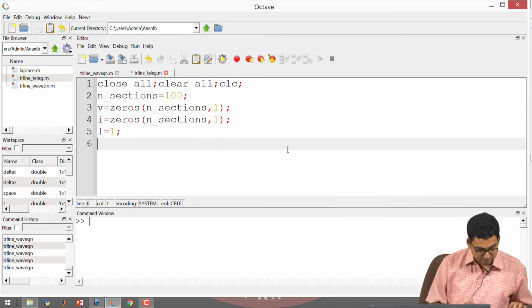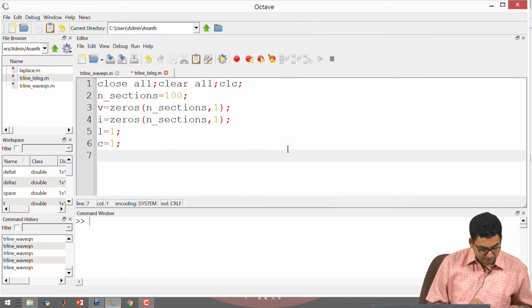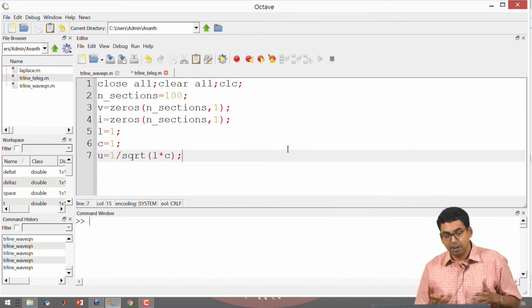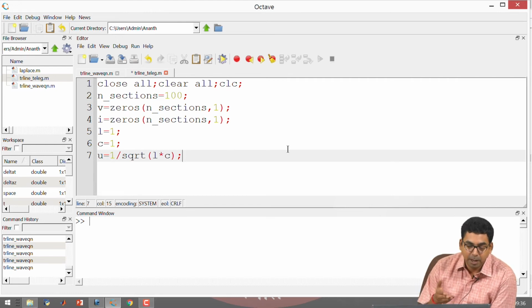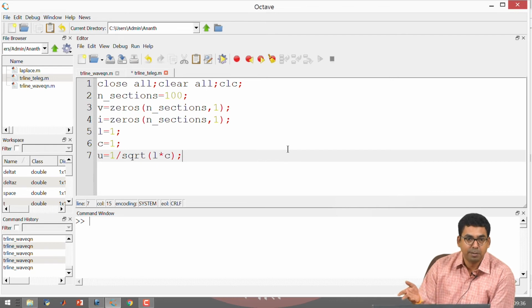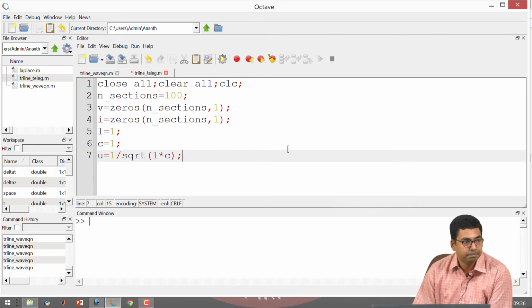C is equal to 1, and the value of the velocity is 1 by square root LC, so here it is obviously going to be equal to 1. I have not put any units because my unit of space is going to be delta z, and my unit of time is going to be delta t, that is it.